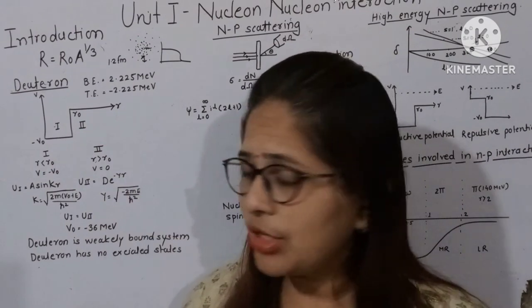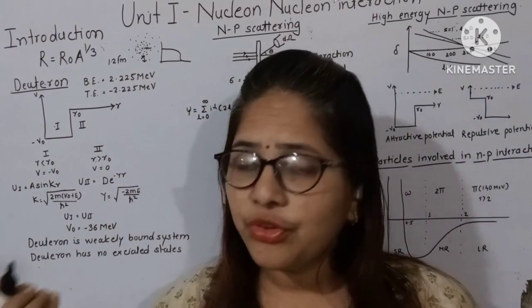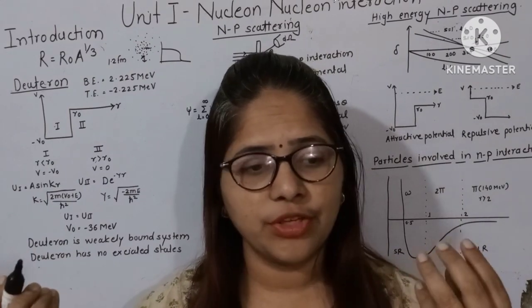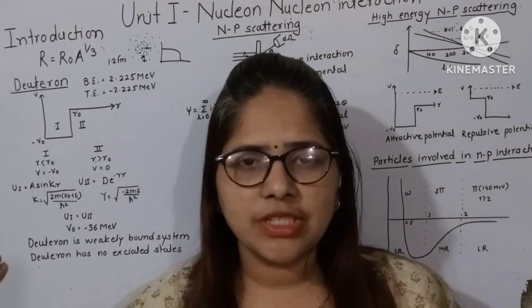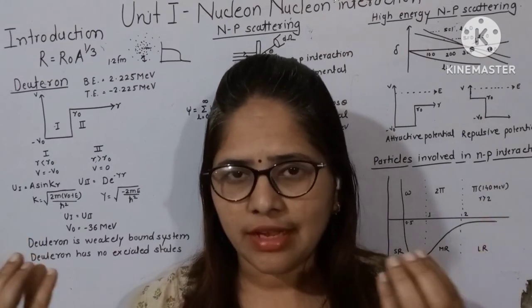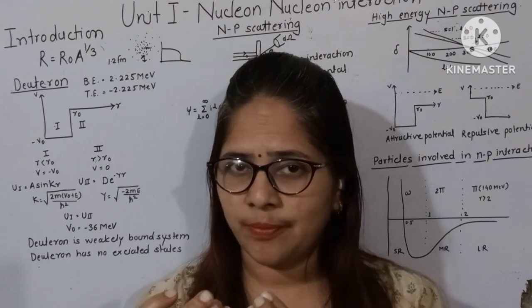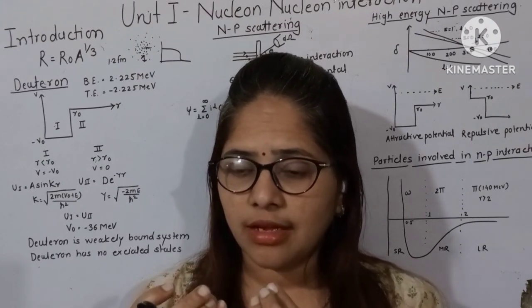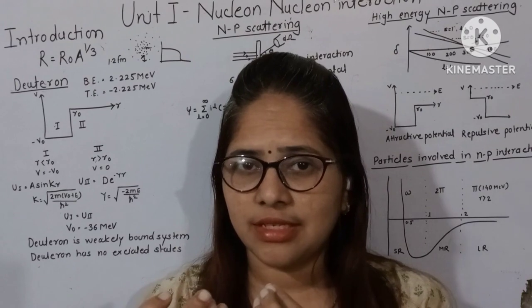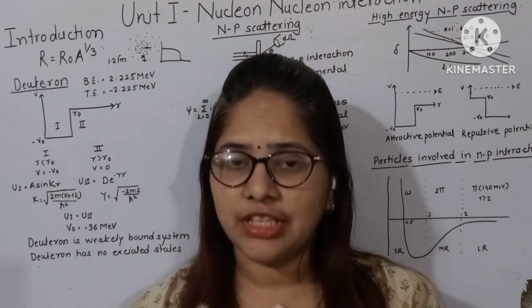What is meant by this square well potential? Suppose you have a proton and a neutron at a far distance from each other, and they come closer up to some distance so that they start interacting with each other.